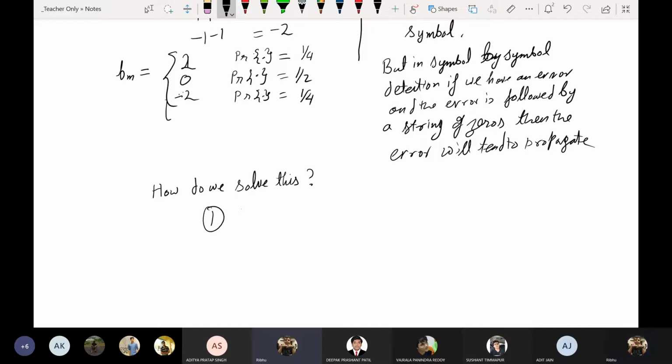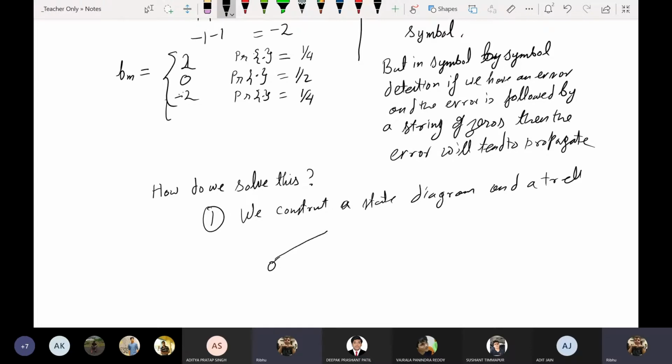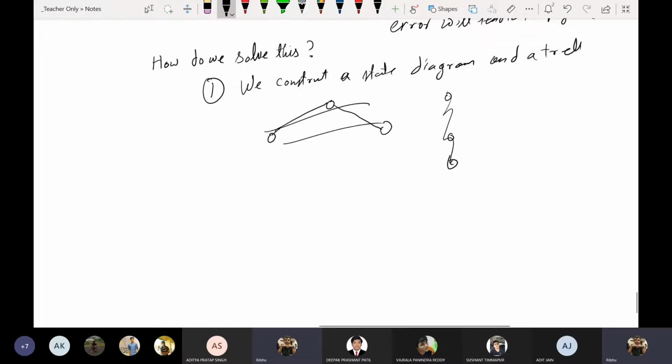One, construct a state diagram and trellis. So we actually see that in this case, there are three possible states. If you start by a 0, so a 0 means a -1, then you actually don't start at a state. You actually have two initial states.